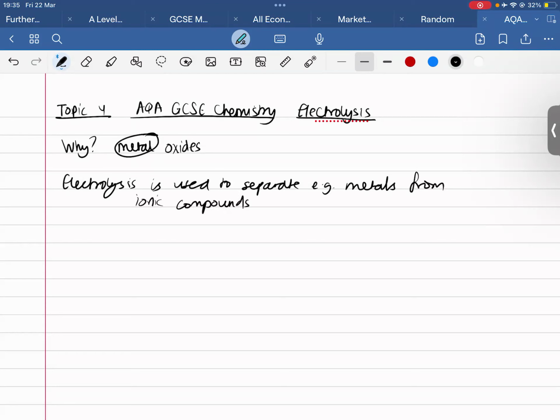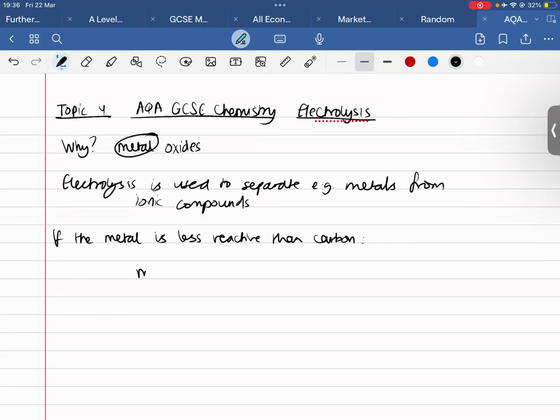And in topic 2, we learnt about how ionic compounds are a positive and a negative thing bonded together. So a metal and a non-metal. Before we start, we just have to learn one other fact. If the metal is less reactive than carbon, there is an easier way to separate it.